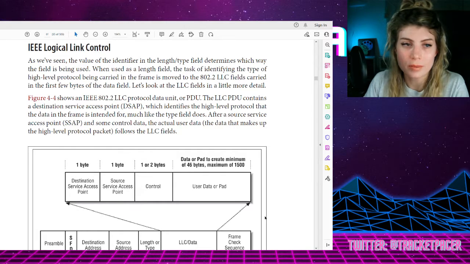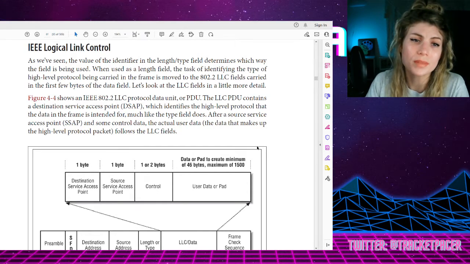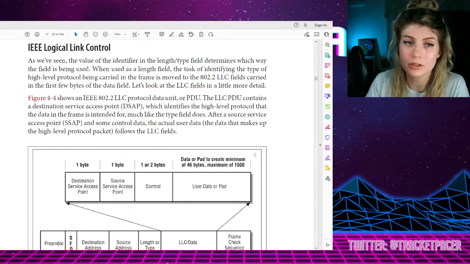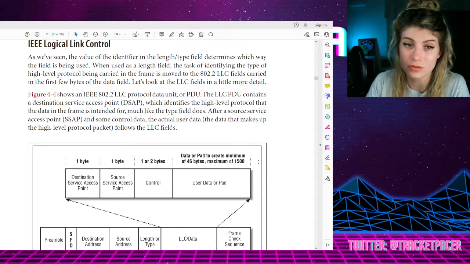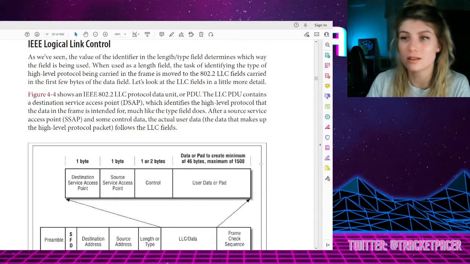Okay, now we're going to talk about LLC. As we've seen, the value of the identifier in the length/type field determines which way the field is being used. When used as a length field, the task of identifying the type of high-level protocol being carried in the frame is moved to the 802.2 LLC fields carried in the first few bytes of the data field. So this is length, length LLC.